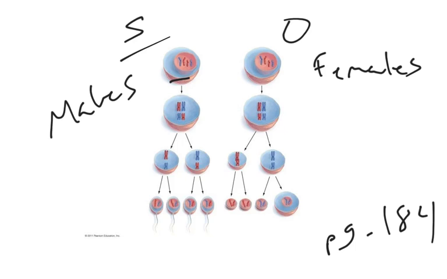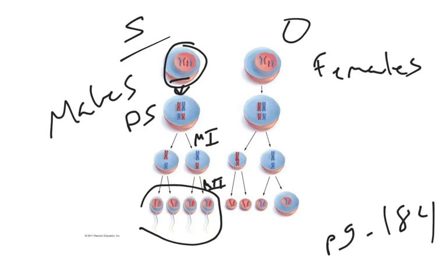So the spermatogonium here, this one right here, it divides by mitosis into what we call the primary spermatocyte, so PS. The primary spermatocyte then begins meiosis. So we go through meiosis 1, and then we go through meiosis 2, and we create 4 sperm.